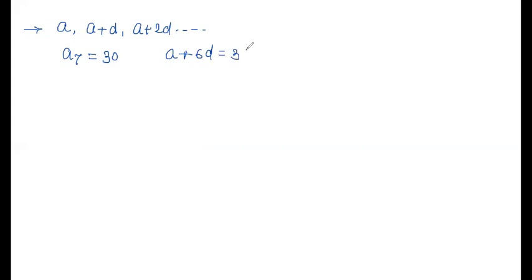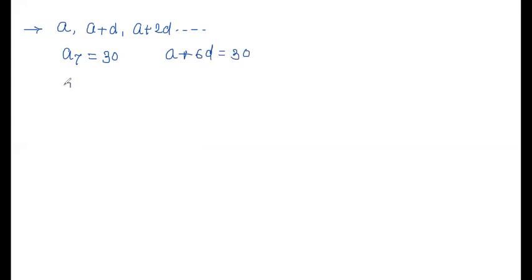So here we know the series of the arithmetic progression is a plus d, a plus 2d, and so on. As we know that A7 is equal to 30, it can be put as a plus 6d is equal to 30.